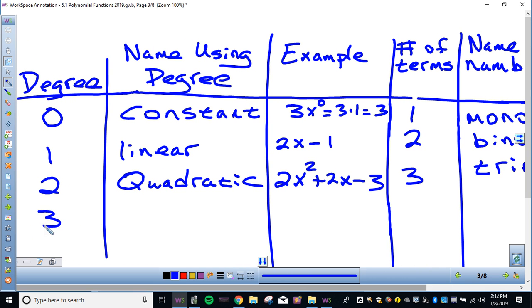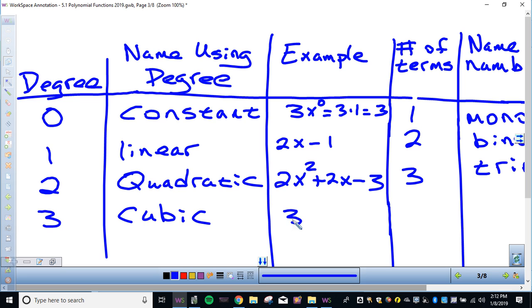Third degree is called a cubic. Like I said before, cube has 3 dimensions, cubic 3 as the degree.